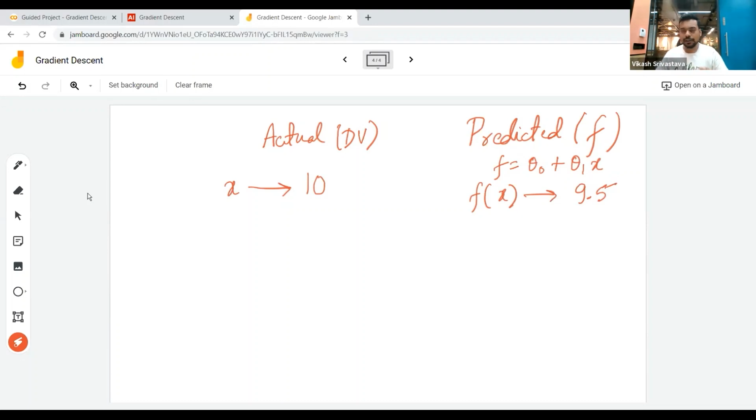Now how do we make sure that our predictions are very close to the actual value of the dependent variable, which is also called the target variable?